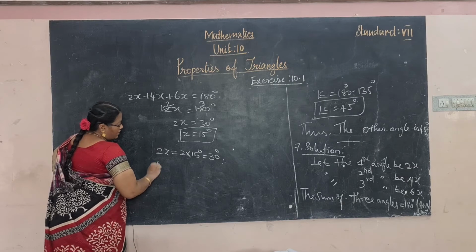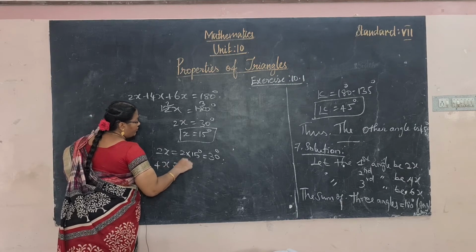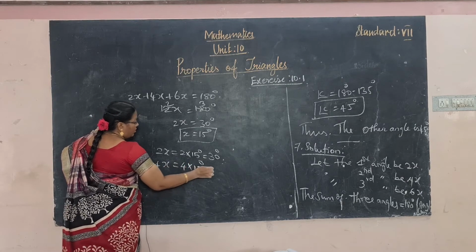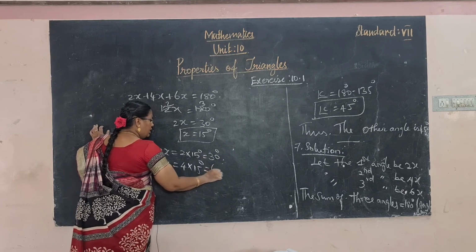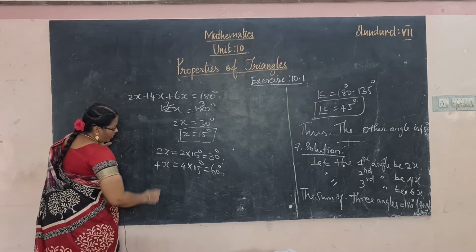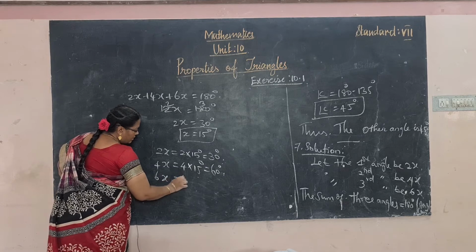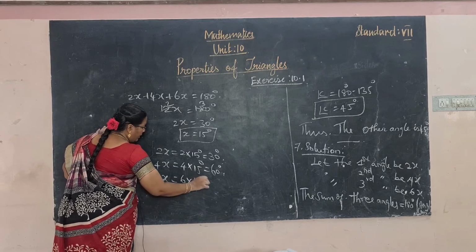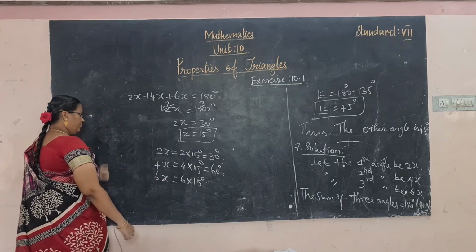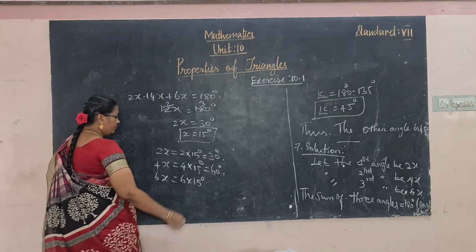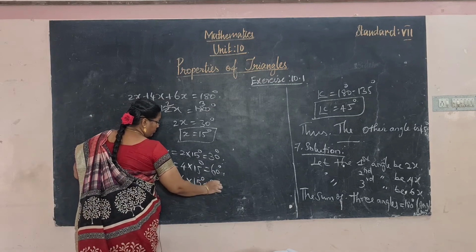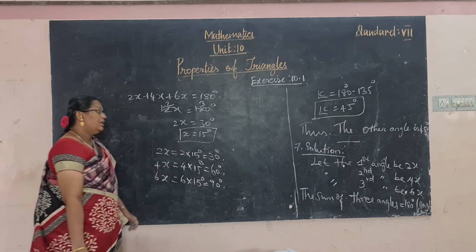4x, 4 into 15, 60 degree, and 6x, 6 into 15, 90 degree.